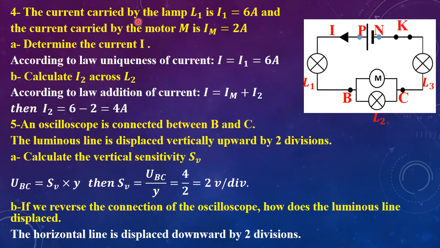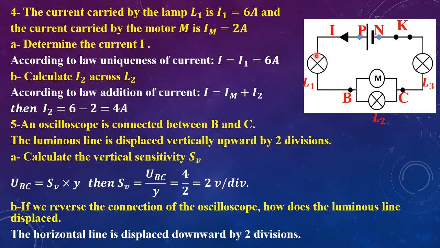The current carried by the lamp L1 is I1 equal 6 ampere, and the current carried by the motor M is Im equal 2 ampere. Determine the current I. Here we want to know the value of the total current.